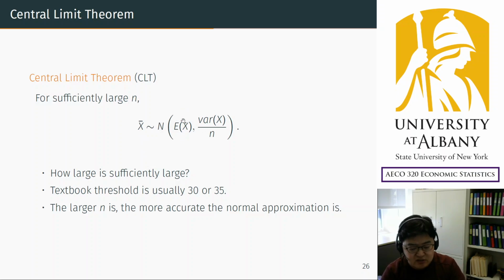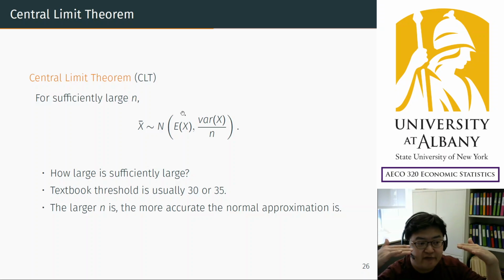So let's put it this way. Remember, a single observation is just one person's income, and X bar is the average of 1,000 people or a research center's report of the average income, right? So they are different. You have to think about them differently.